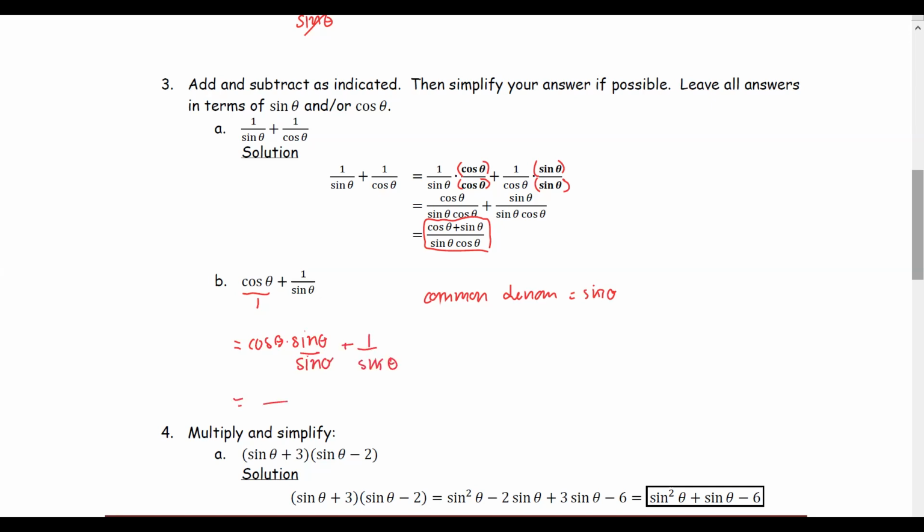And then rewrite them all together using the same denominator, which is sine theta. So the first term is a product of cosine theta and sine theta, plus 1. And this is our result.